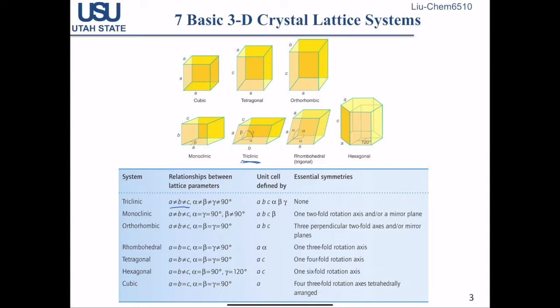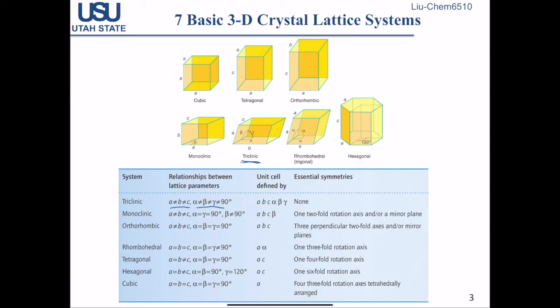We have the alpha angle between b and c, the beta angle between a and c, and the gamma angle between a and b. For the triclinic cell, they are not equal, and not equal to 90°. So we use these 6 parameters to define the lattice structure for 3D lattices.